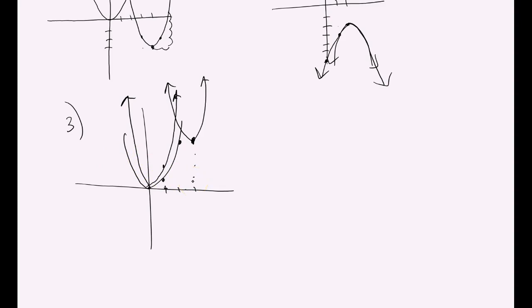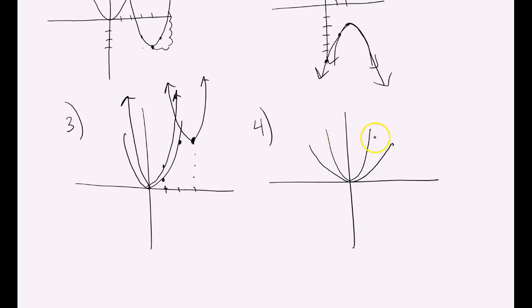All right, cool. Now we go to number 4, and this one does look like it's done pretty well. There's a 1/2 in the front, so it's going to take that parabola that might look like this, and it's going to make it fatter by a lot. So you're going to have this fat parabola, and then you're going to move it left 4 and up 2. 1, 2, 3, 4. 1, 2.